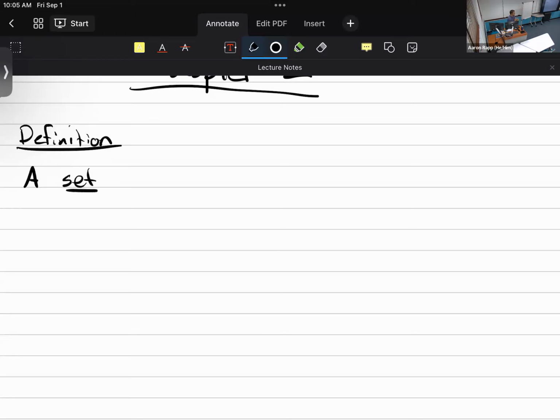Does anyone happen to know what a set is defined as? Yeah, it's a group of elements. Good. So it's not numbers. We don't ever restrict ourselves just to numbers. Group of elements, but does there have to be an order to it? Yeah, right. So we define a set as an unordered collection of objects.